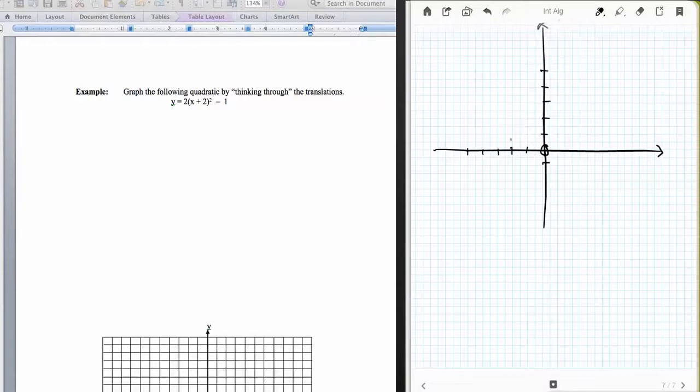Here, when I have my vertex, it's going to be at x is equal to -2, y is equal to -1. So that would be my vertex right there.